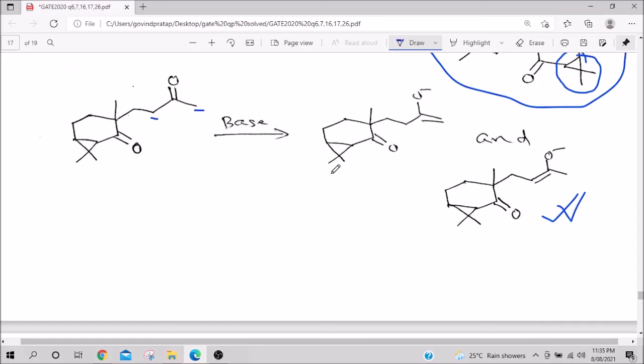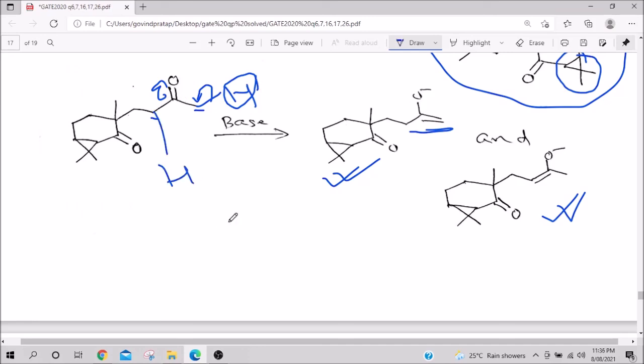This is formed more than this, because if it was a bulky base, then of course I would have understood that this proton was easily accessible and they would have removed this, and you get more of this negative charge, and you get this bond. This comes here and this comes up, and you get a double bond here, O minus. But here it is OH minus. OH minus is not at all bulky.